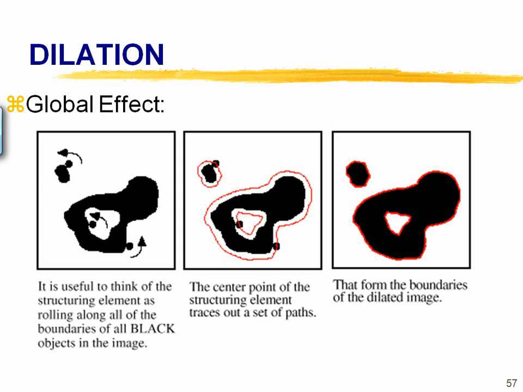The ball rolls around, and wherever the ball covers the region, that's the increase in the size of the object. So everything outlined as a red boundary would now become the new shape or size of the region. You would get a result that looks like that. Make sense?